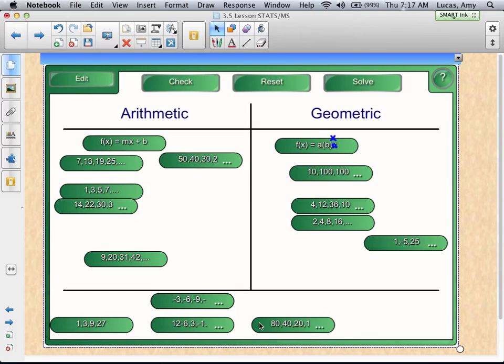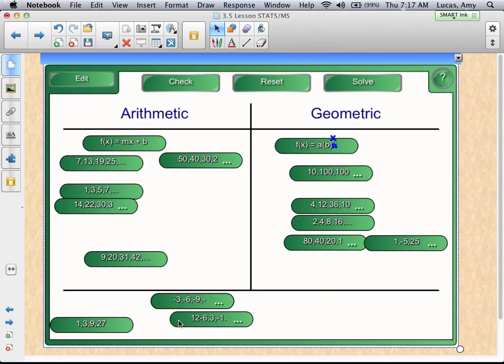This one is divided by 2, or multiplied by 1/2. This one is divided, let's see, I better scroll it.